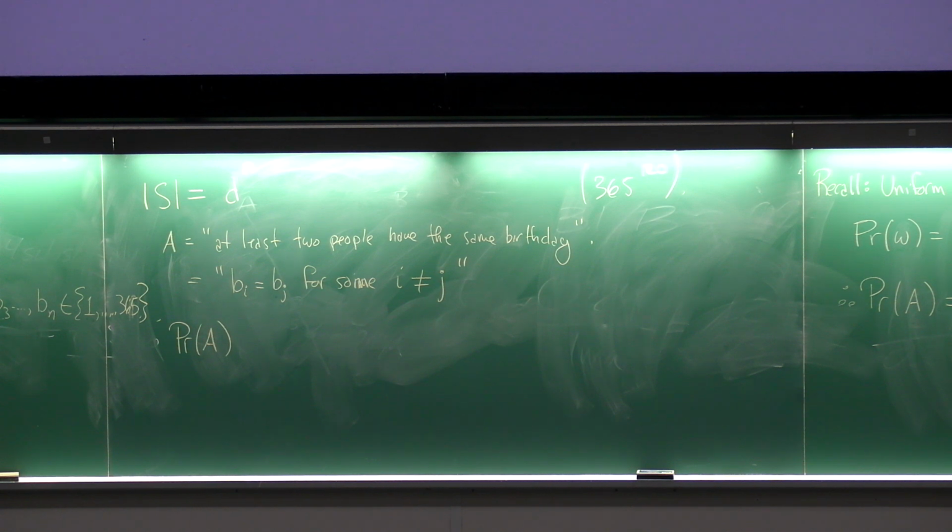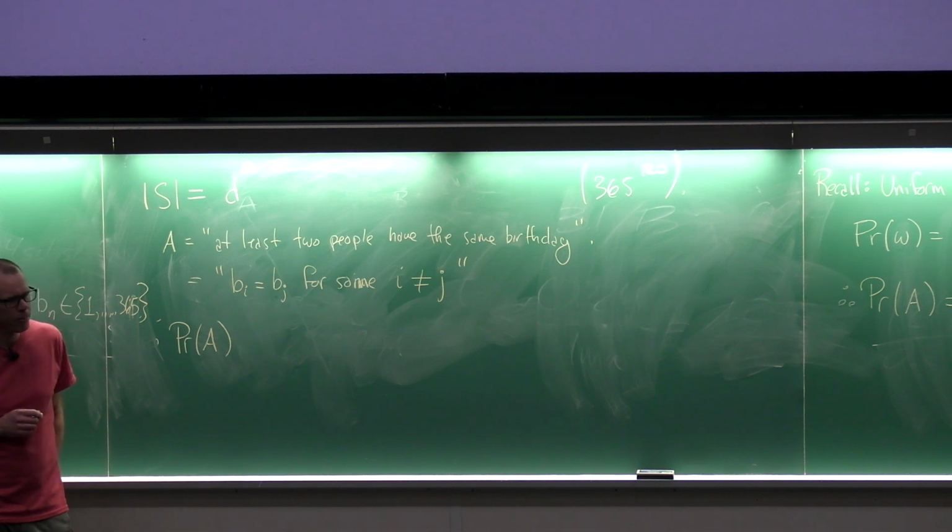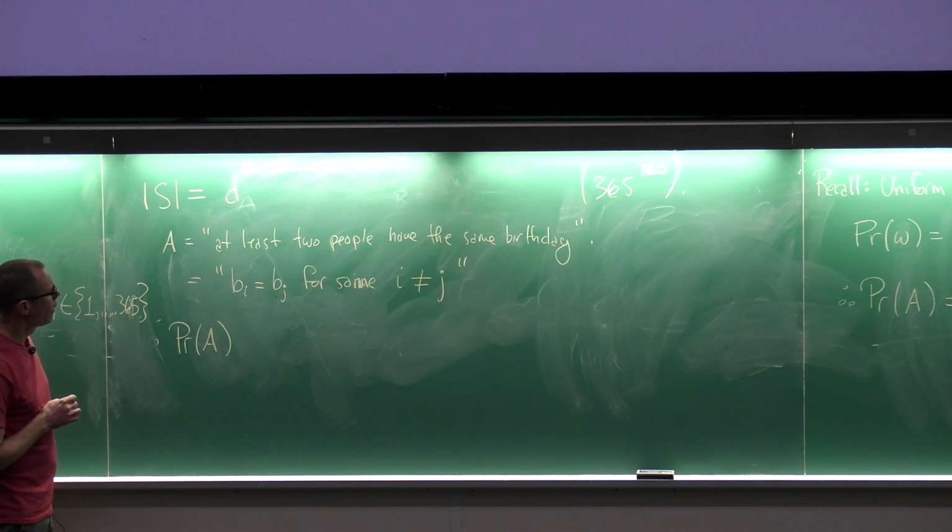So it turns out that computing probability of A directly is difficult. Well, there's lots of reasons why, but it's really because there's lots of things to consider.